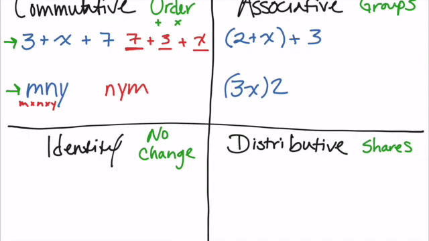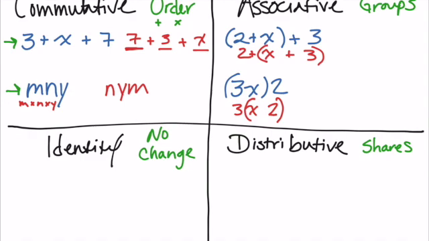So this means that our numbers have to stay exactly where they are. The plus signs have to stay where they are. And the only thing that moves is the parentheses, changes what's grouped. So down here in the multiplying one, the numbers have to stay where they are. So it's still 3 times x times 2, but now I'm going to group the x and the 2. So I'm going to do x times 2 first.